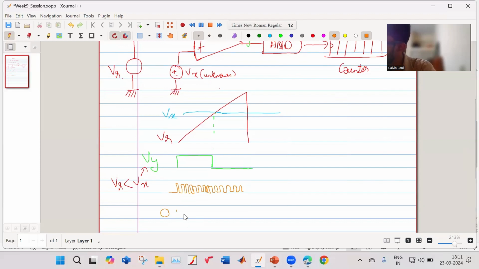Initially counter value is 0, then becomes 1, then 2, 3, 4, 5, 6, etc. Then after this instant, even though your clock is coming, it will remain fixed at 6 only. It will not increment any further. Can you tell me why?